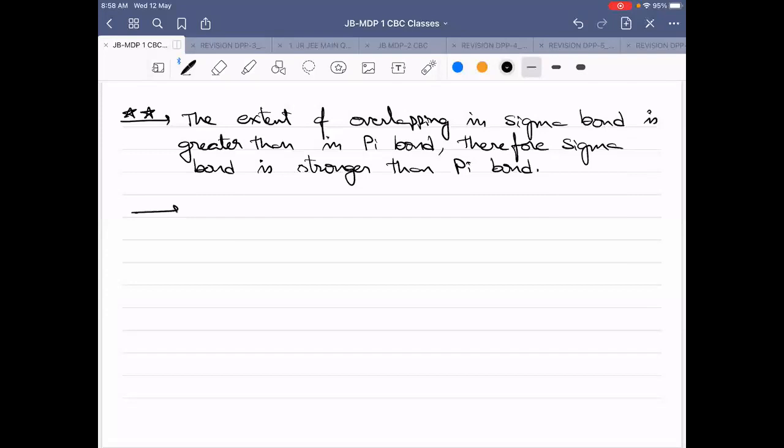Another point, you see, a pi bond is always formed as a second bond only.